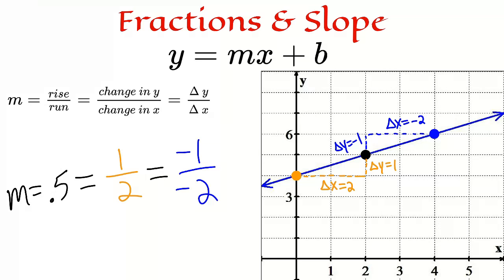That would be okay as well. But it is nice to keep it in fraction form because then we can see our delta y over our delta x. So from here, up 1, right 2, up 1, right 2, up 1, right 2. Okay. We don't usually write it this way, but it's perfectly okay. Down 1 to the left 2, down 1 to the left 2. Questions there?